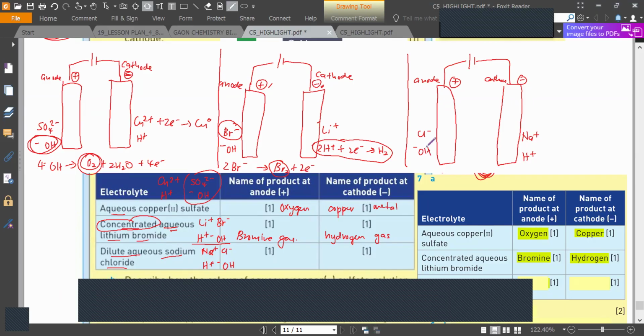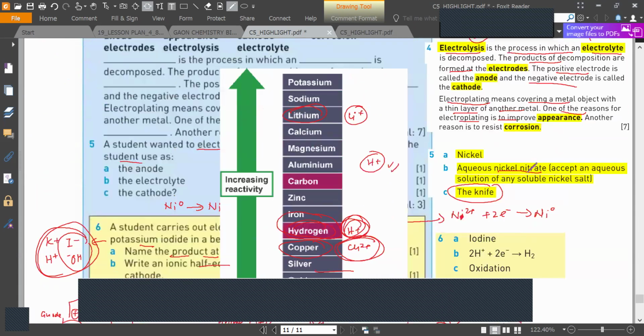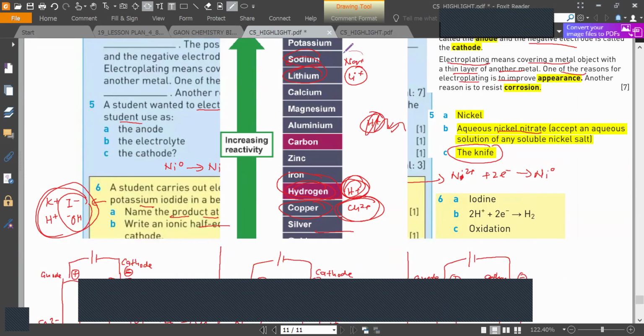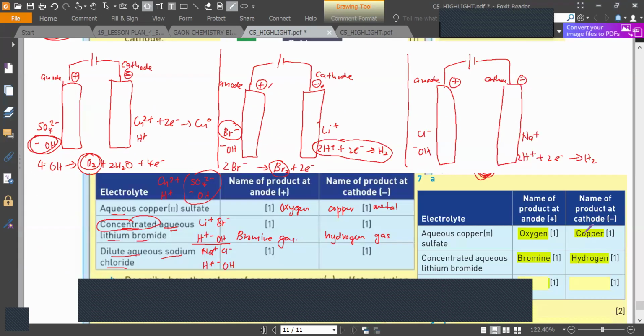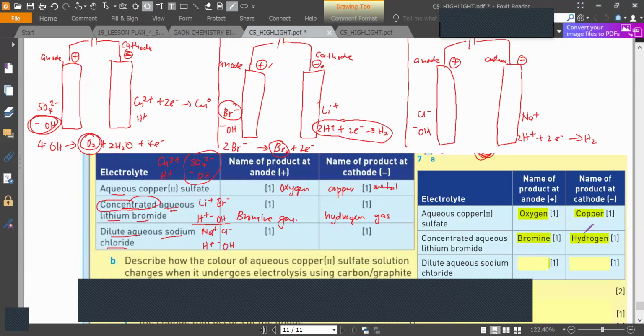Now again, sodium and hydrogen, we see sodium here, hydrogen here, always the lower one will react. So the hydrogen will react, plus 2 electrons to form the hydrogen gas. So here our product will be the hydrogen gas.